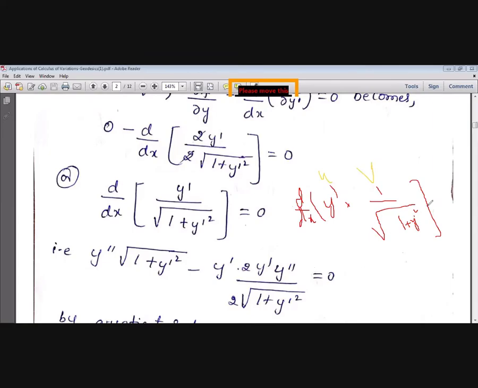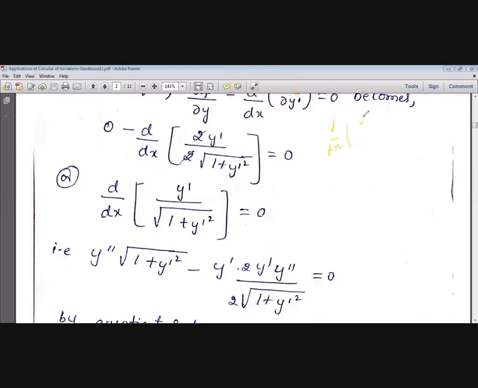Do one thing, apply u by v rule only. Don't get confused. Apply u by v rule only. u by v, so denominator whole square: 1 plus y dash square whole square, divided by 1 plus y dash square.